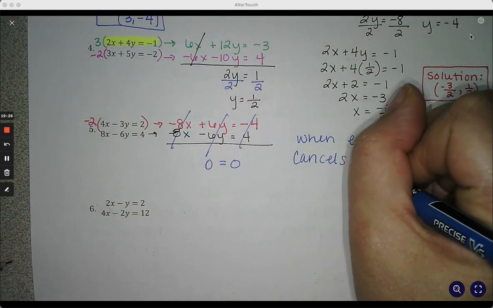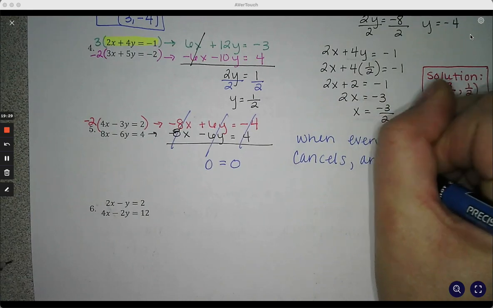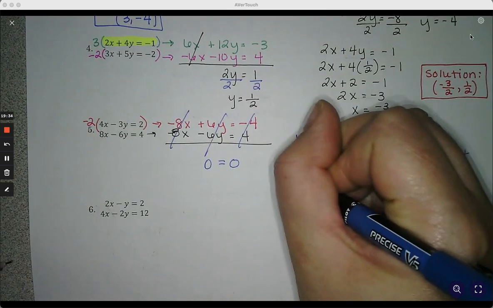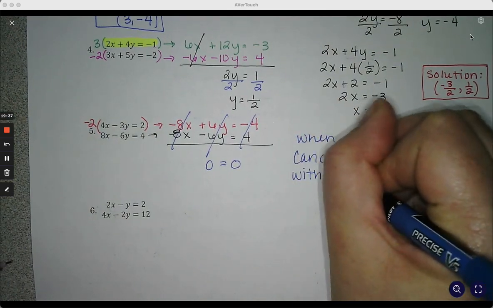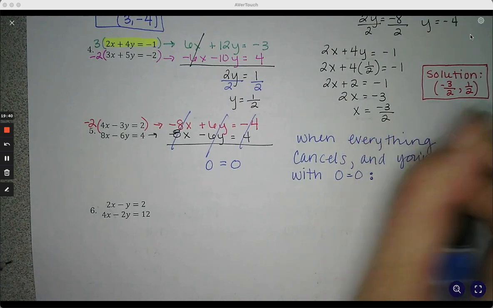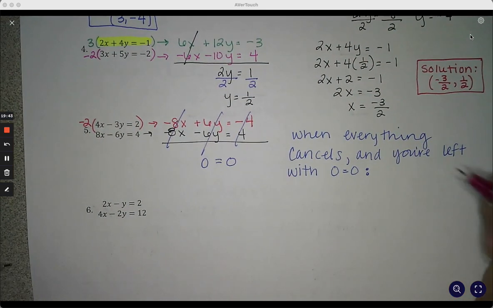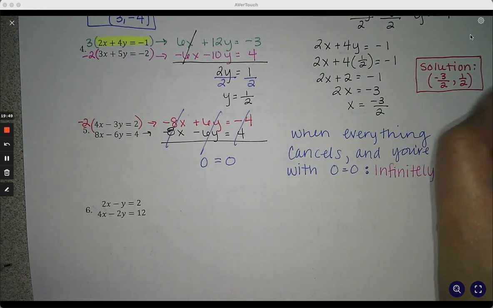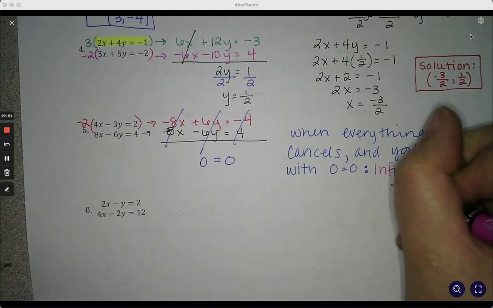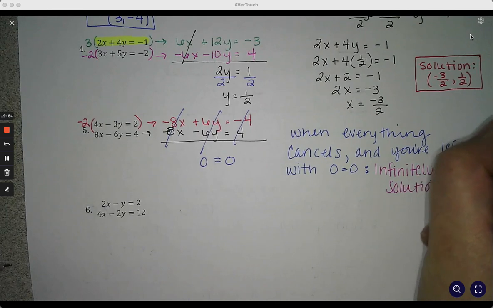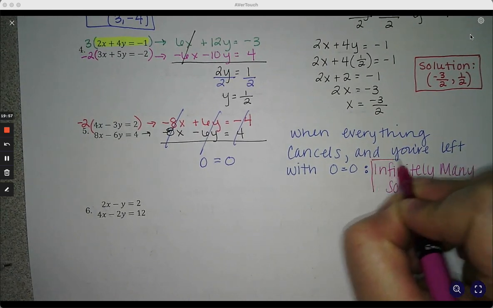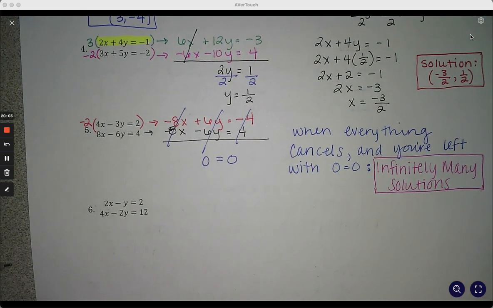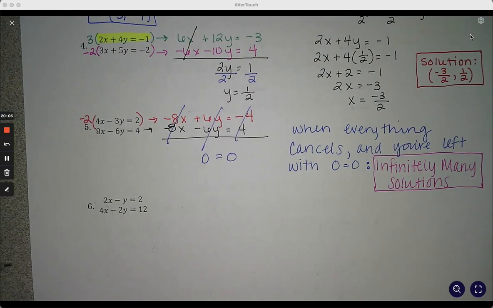When everything cancels and you're left with 0 equals 0, whenever that is the case, you will always have infinitely many solutions. That just means if we were to graph these, if we were to solve it by graphing, it'd be the exact same line. They'd be two different lines on top of each other.